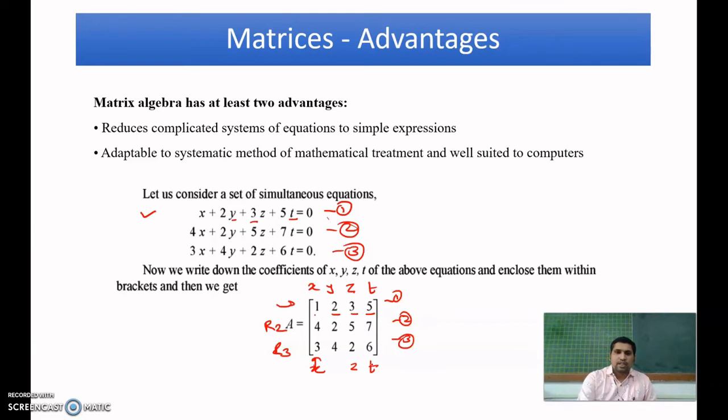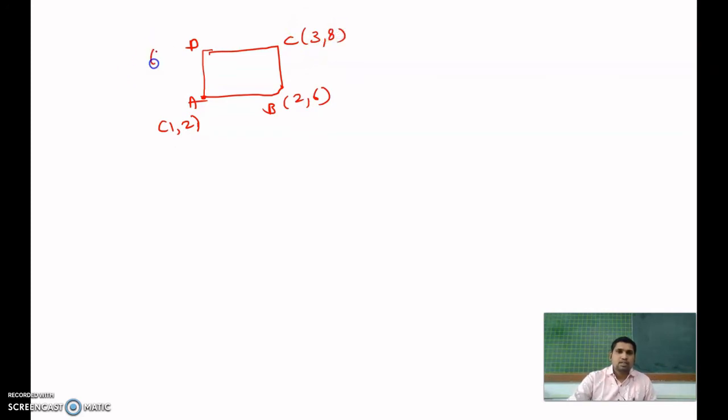So I will give you another example. Suppose this is one rectangle, it has 4 coordinates, A, B, C, D, and the position of A is 1, 2, B is 2, 6, C is 3, 8, and suppose D is 0, 2.